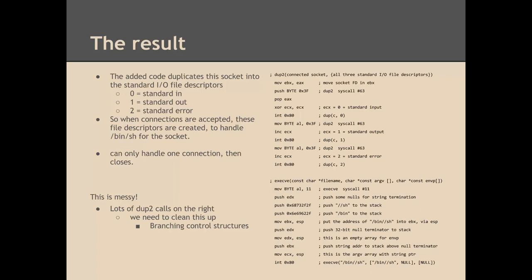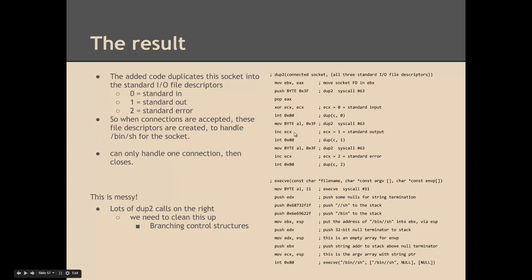And any way it plays out, the upper 3 bytes of the 4-byte integer are going to be zeroed out. So since we don't care about it, we just make sure that it's still indicating to use system call number 63, which is dup2, and we now want to call dup2 on our socket to specify standard out.